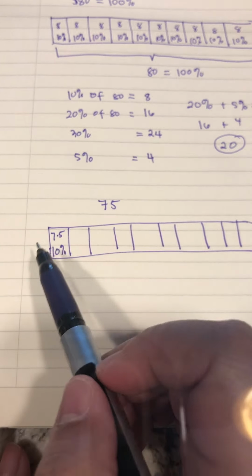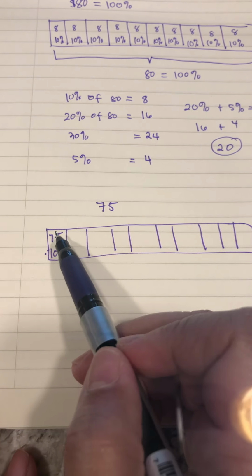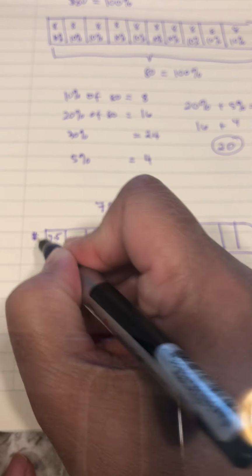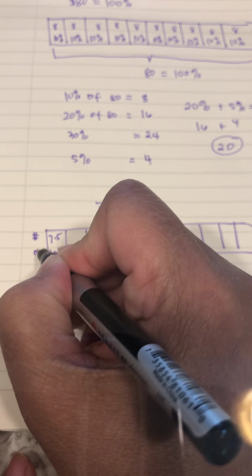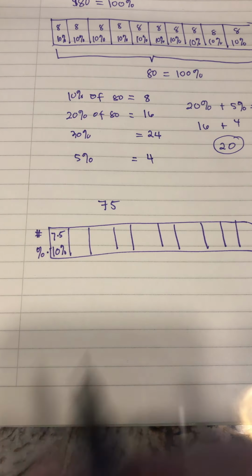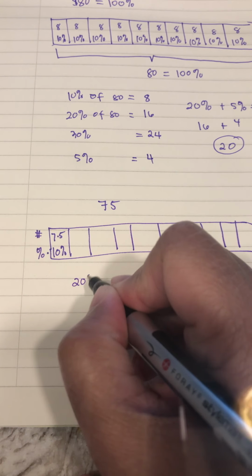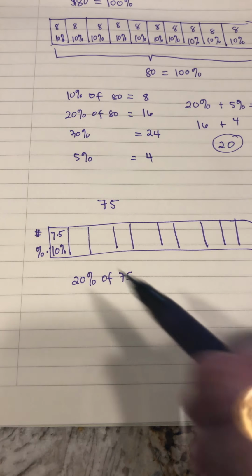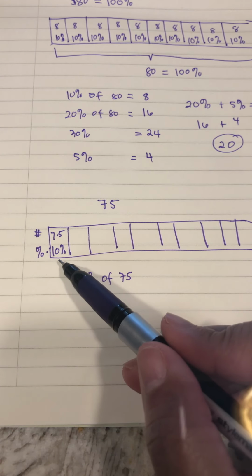So in here, we're comparing number and percent. Our ratio here is a ratio between number and percent. Now, I want to have 20%. So what is 20% of 75? That means 2 of these, so that means 15.